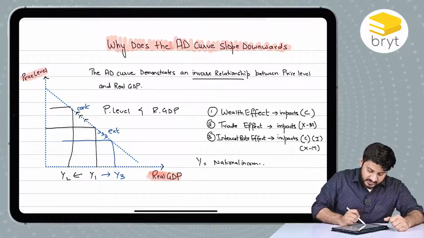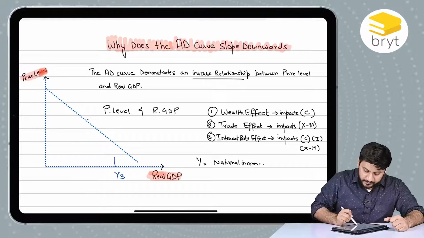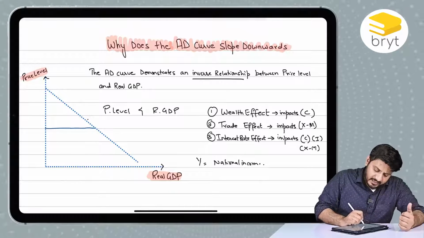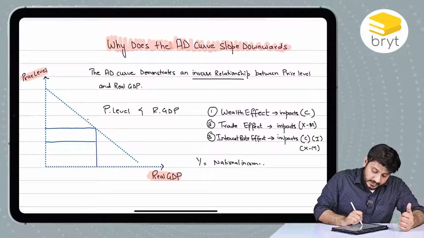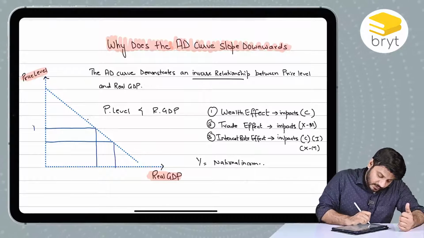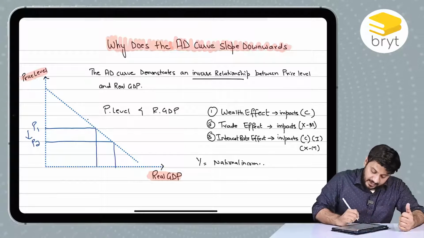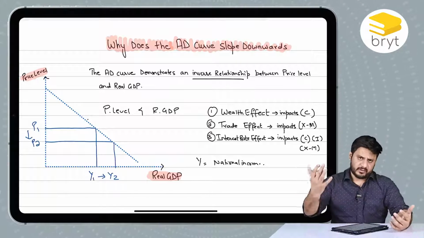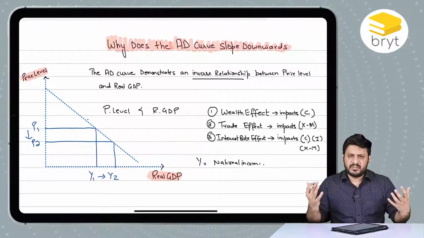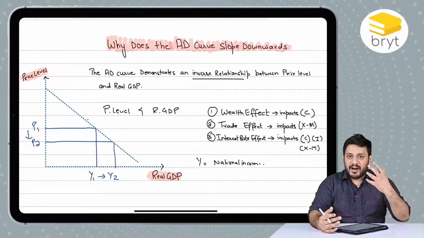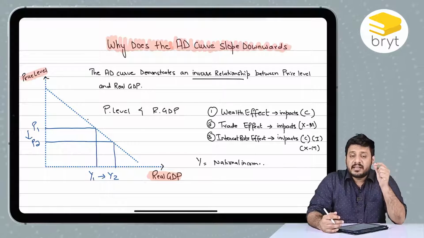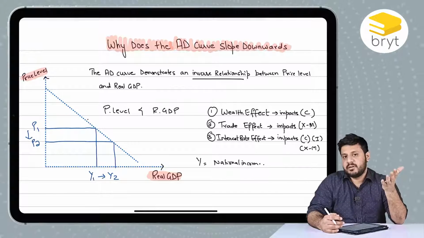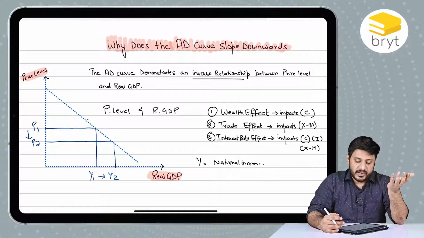I'm going to erase this so that it becomes a bit clearer. I'll take the example where I decrease the price level from P1 to P2, and my real GDP goes up from Y1 to Y2. My real GDP is increasing, my national income is increasing, right? And what is the reason that a decline in price level would extend my aggregate demand, or increase real GDP in other terms?